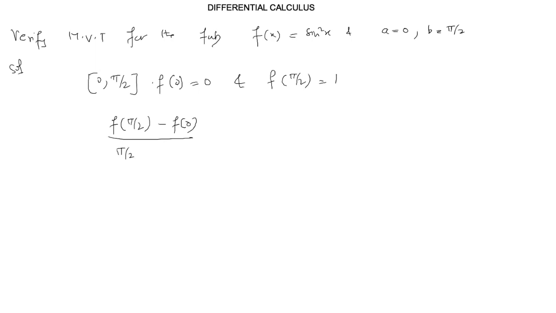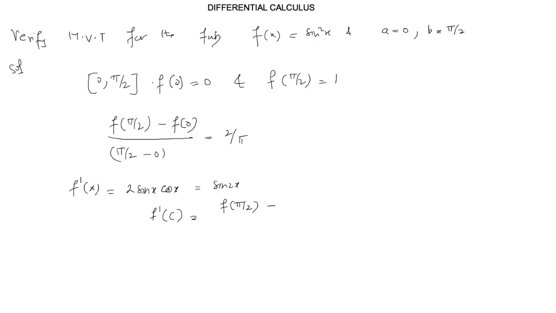Now f of pi by 2 minus f of 0 divided by pi by 2 minus 0 works out to be 2 by pi. Now f of x is sine square x, so f dash of x will be 2 sine x cos x, which is sine 2x, right?